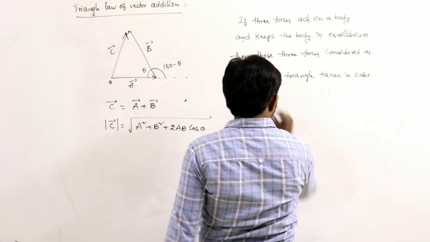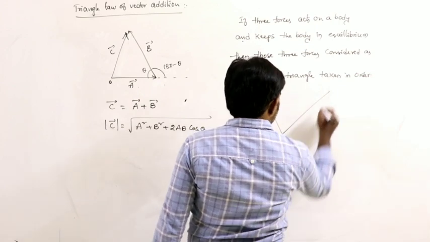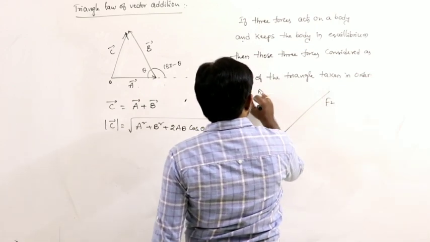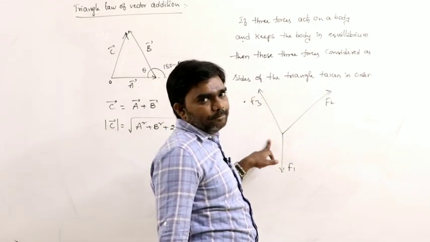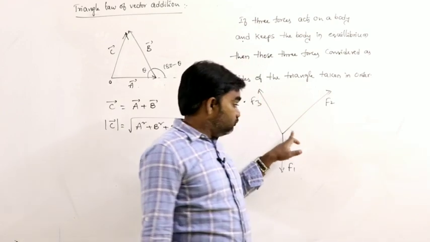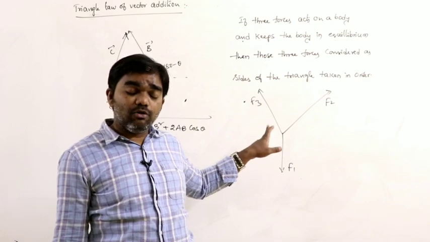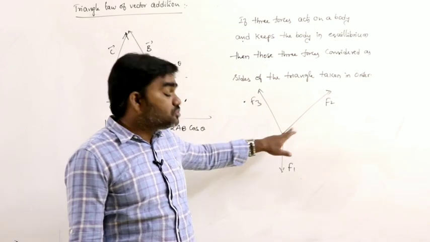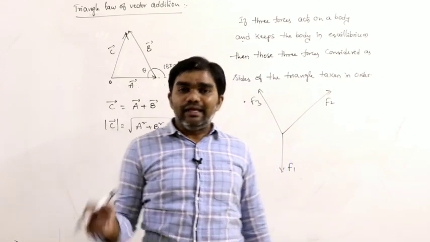So see here, these are the three forces. Let us say F1, F2 and F3. If these three forces act on a body and keep the body in equilibrium, then these three forces act as the sides of a triangle taken in order.